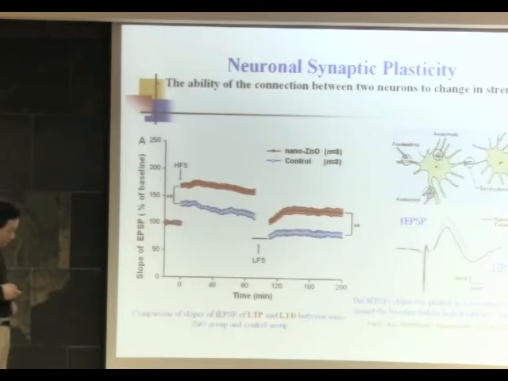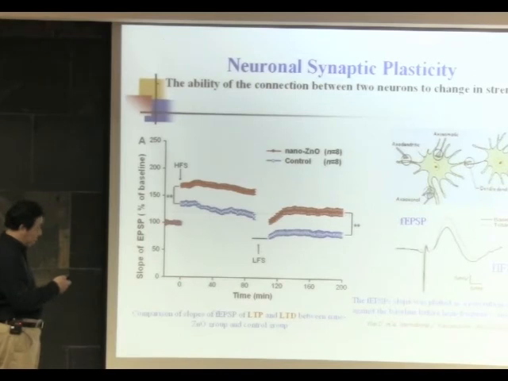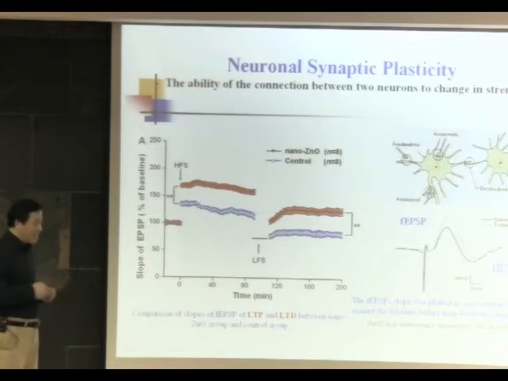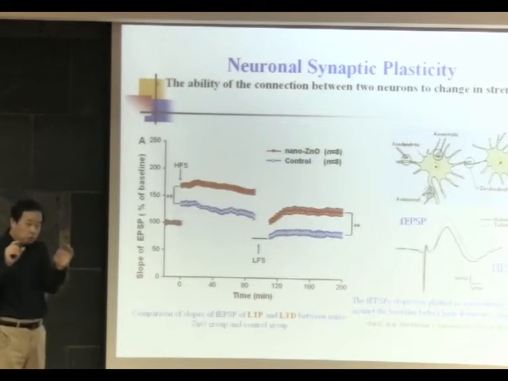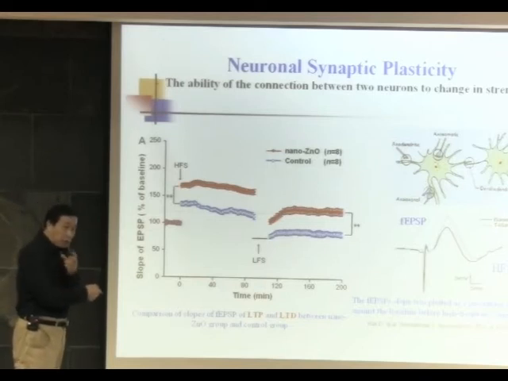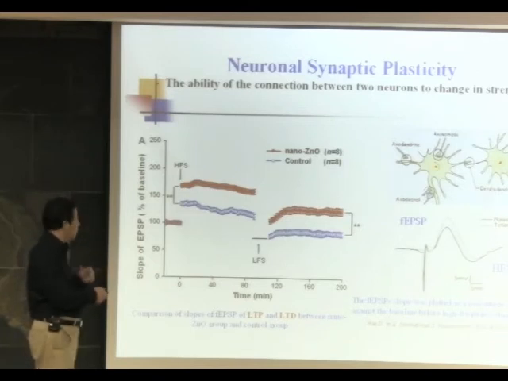Now I will say a bit more about what synaptic plasticity is. Simply put, synaptic plasticity is the ability of the connections, meaning connections between two neurons, to change their strength under some conditions.